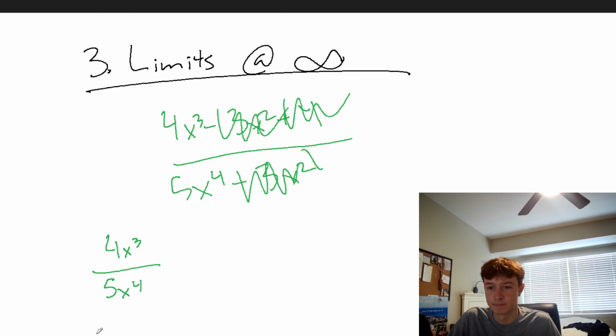Now, since the powers are different, we can ignore the constants. Because if we had infinity times 4, that's obviously a very large value, but infinity squared, for example, is much larger. So infinity raised to a power is always greater than infinity times a constant.